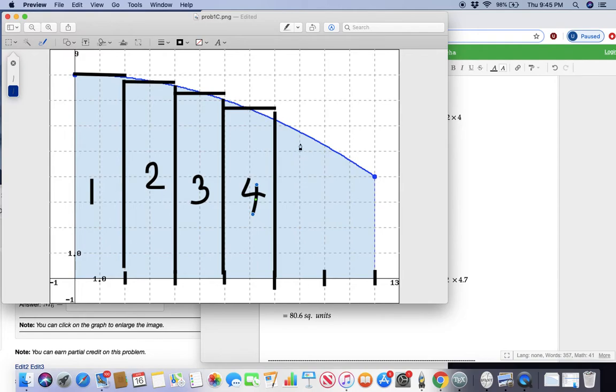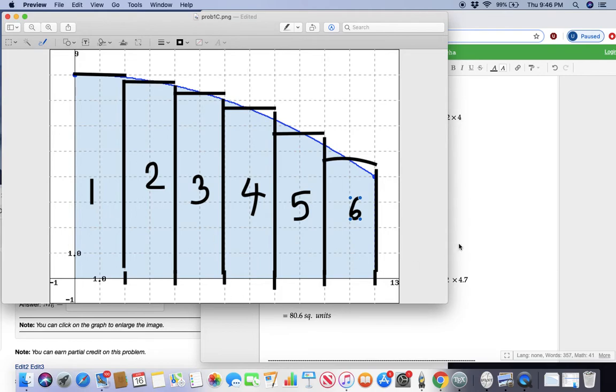For the fifth one, again the midpoint. And the sixth one, this is a midpoint. All right, you have the idea. That's all we care about, right?